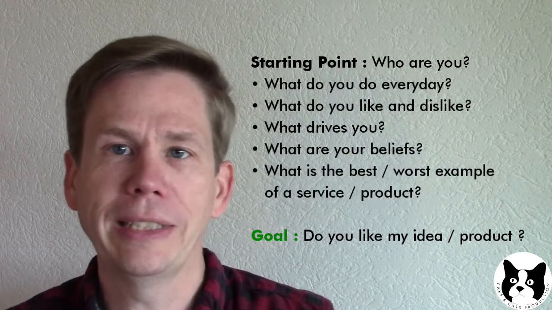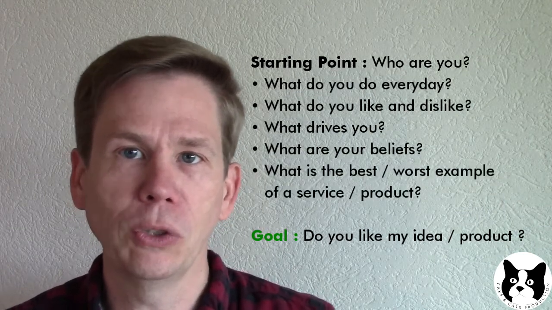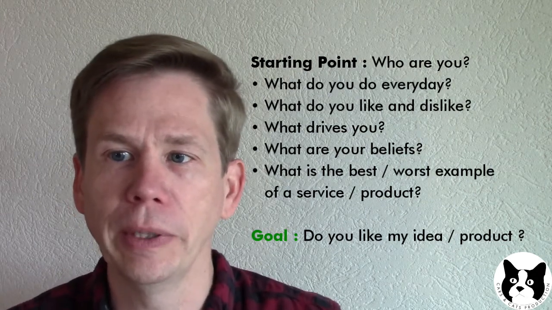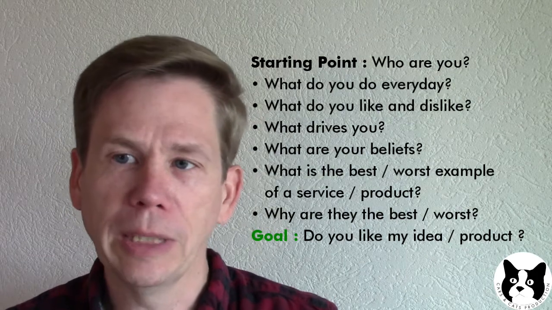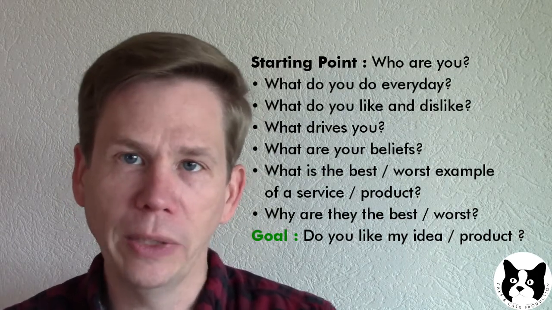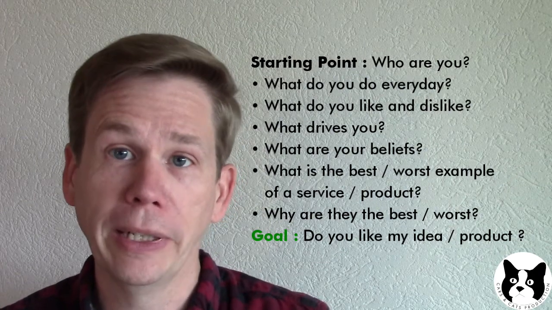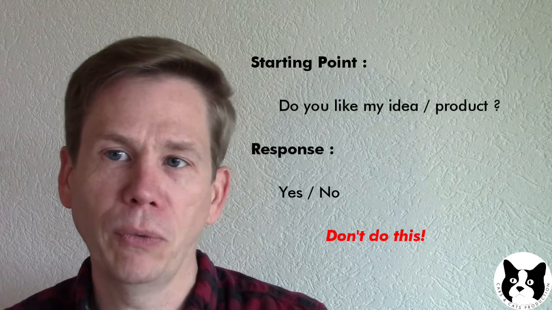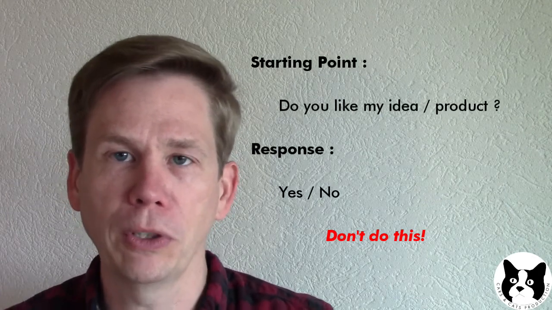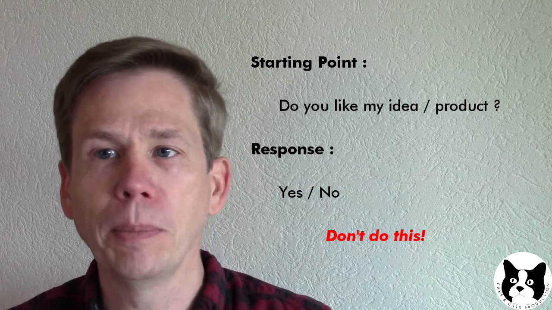What is the best or worst example of a service or a product? And now you start to get more specific into the area that you're talking about. What are the good examples? What are the good characteristics? What are the worst examples? And then finally, you narrow down to, do you like my idea or product? But if you start with that specific, all you'll get is that specific. You want to be as far away from your product as possible at the start, and each step get closer and closer.